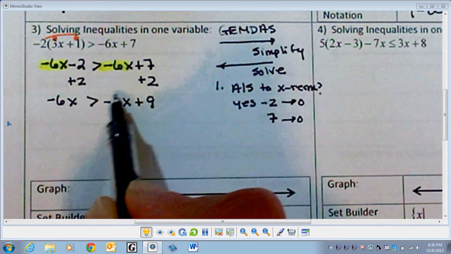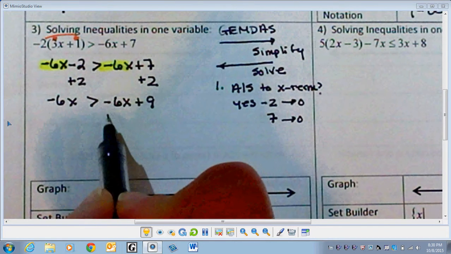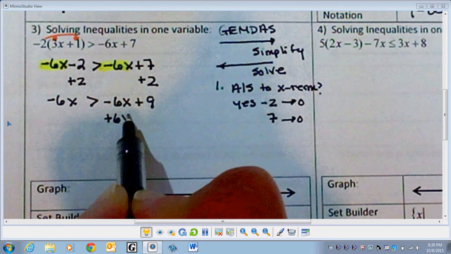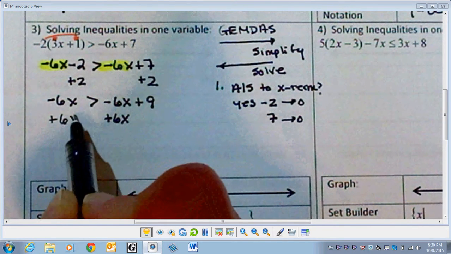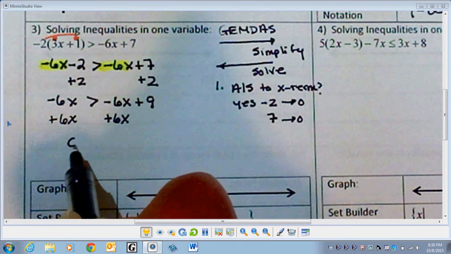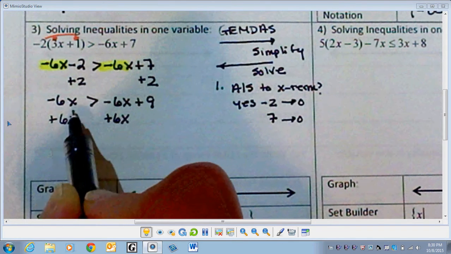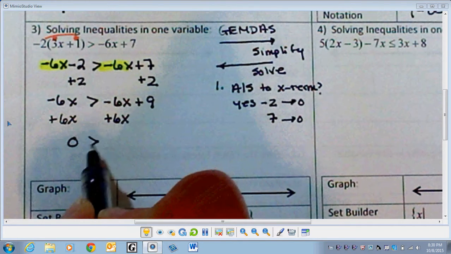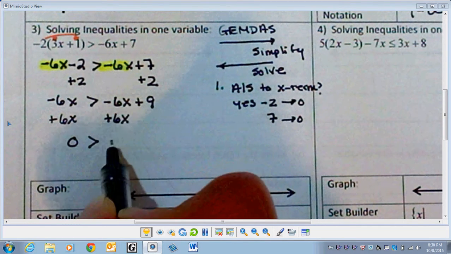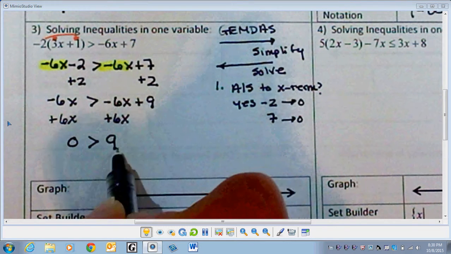So because my term is being added to something, I have to do the inverse, which would be adding 6x. So this becomes 0, because -6x plus 6x is 0 x's, is greater than, well, this becomes 0, 9 is what I have left.